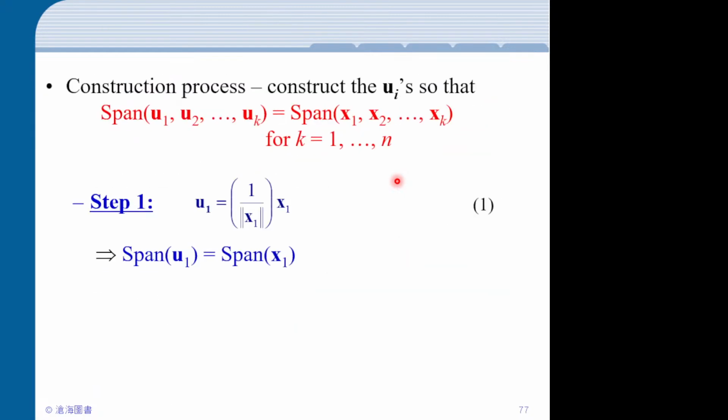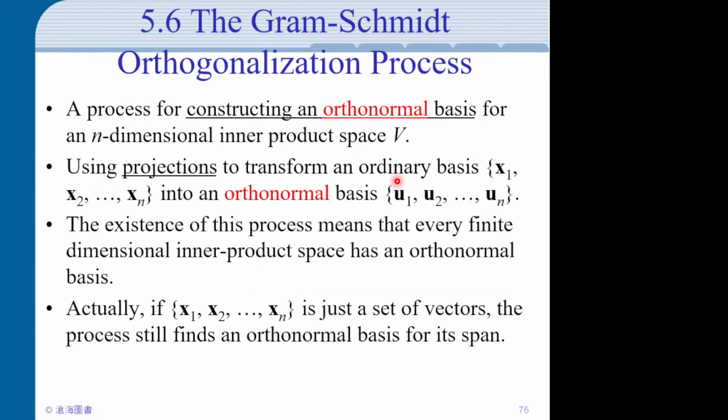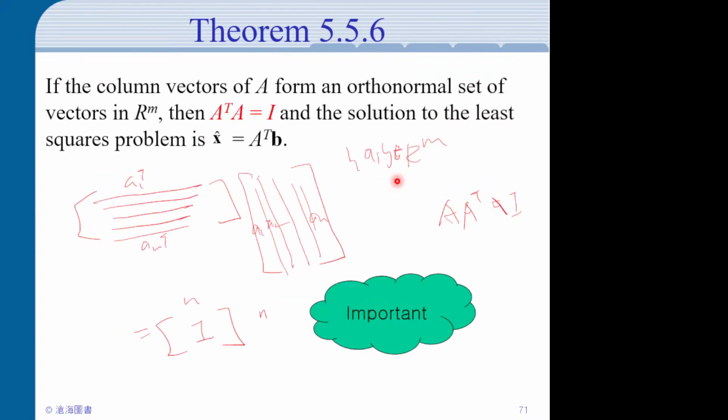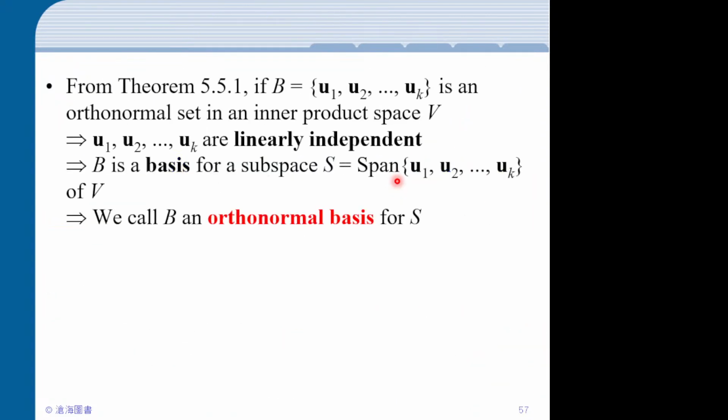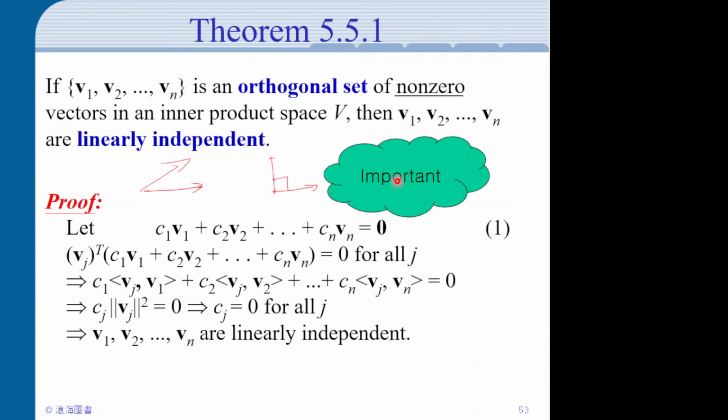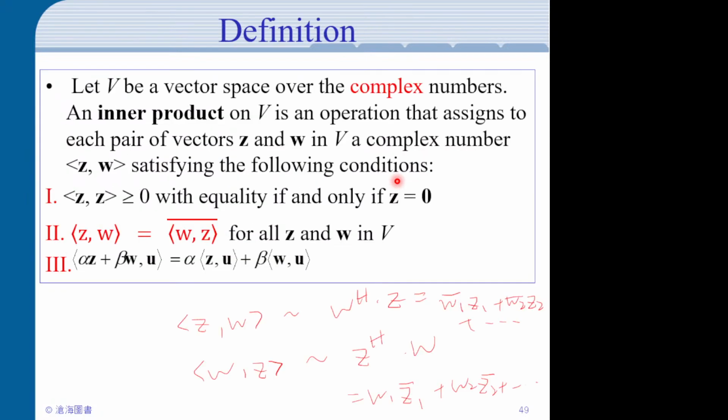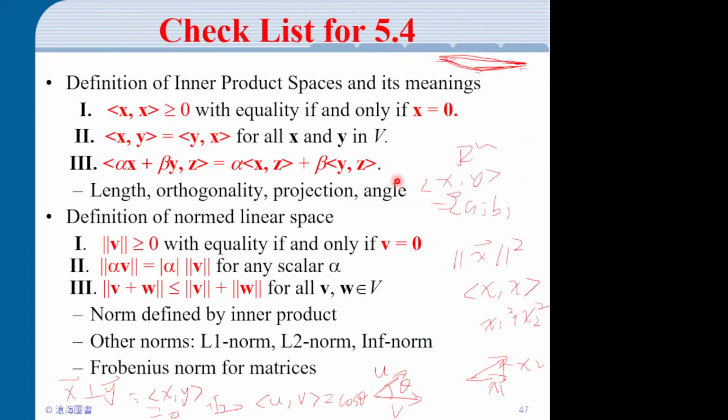So once again, this is everything we want to talk about in inner product. I guess we can review a little bit once again. From 5.4, everything starts with the inner product.